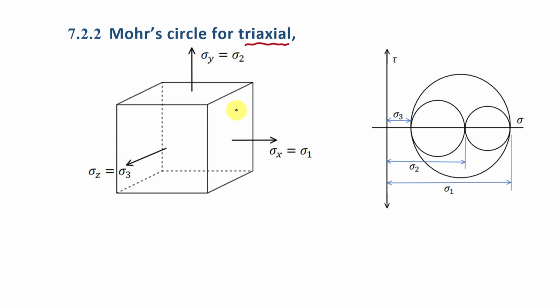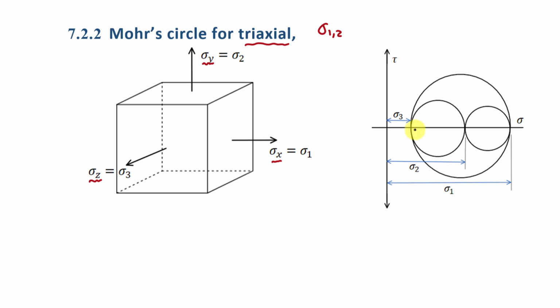In this case there is no shear stress, so the value of sigma x will be equal to principal stress sigma 1, the value of sigma y will be equal to principal stress sigma 2, and the value of sigma z will be equal to principal stress sigma 3. In 2D loading condition, we have only two principal stresses, sigma 1 and sigma 2. But in the case of triaxial loading condition, means in 3D loading condition, we have three principal stresses, sigma 1, sigma 2 and sigma 3.